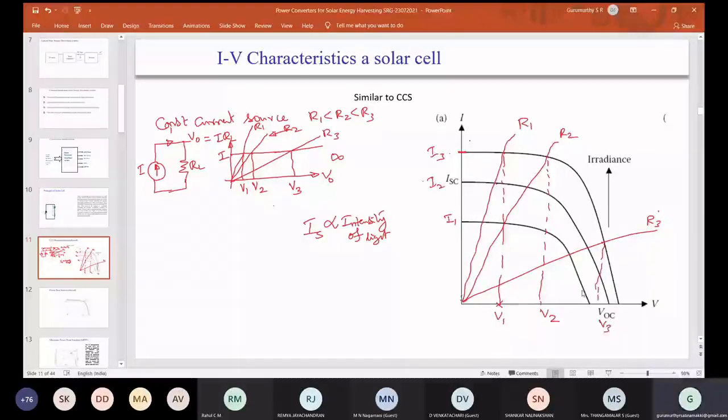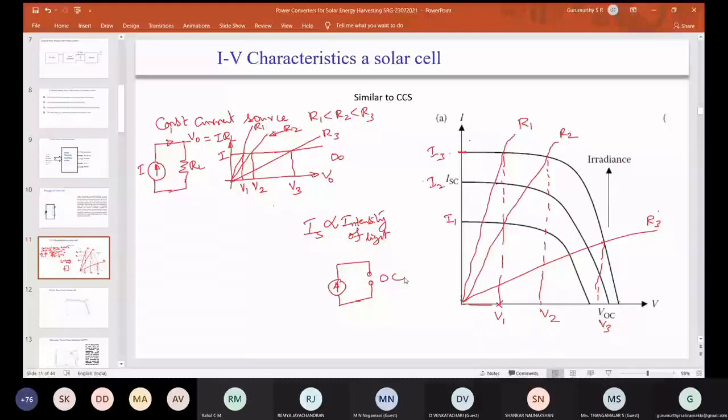Now this line, which is parallel to the V axis, is the infinite resistance line. Infinite resistance means it is open, an open circuit. The current source is there, and you are keeping this resistor open, so the voltage is this much. It does not go to infinity, as it would for an ideal current source.